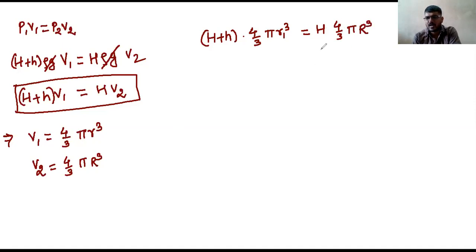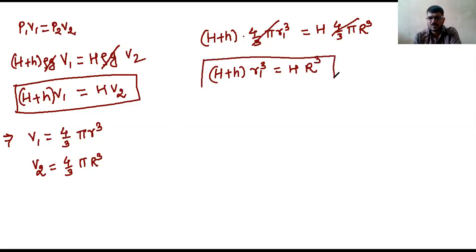This is big R, this is small r. So this 4 by 3 and this 4 by 3 will get cancelled, and I am getting the formula H plus h into r1 cube is equal to capital H into R cube. This is also a formula in terms of radius.